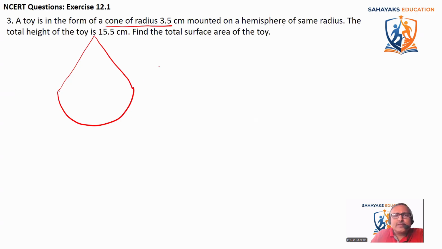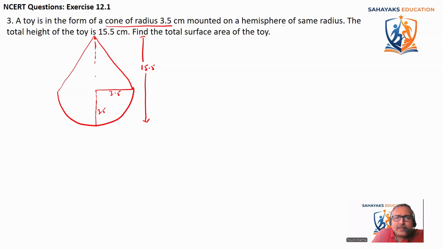Of the same radius. The total height of the toy is 15.5, so from top to bottom is 15.5. They have given the cone radius 3.5, so this distance is 3.5. If this distance is 3.5, what is the height of the cone?